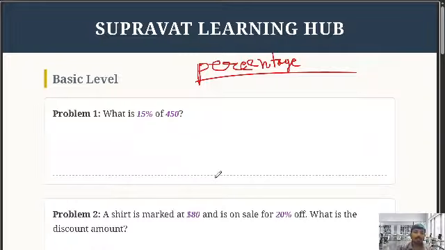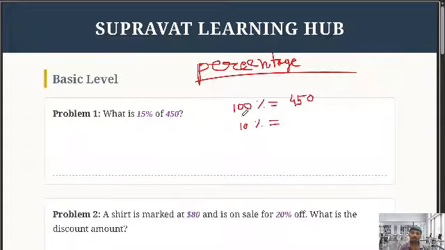So, what is 15% of 450? If 100% equals 450, what is 10%? 10% is equal to 45.